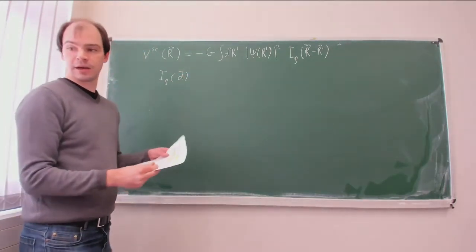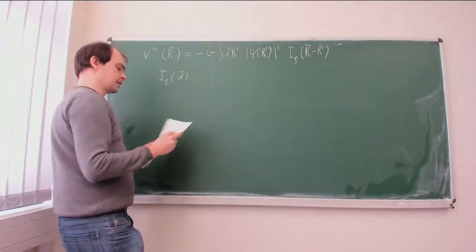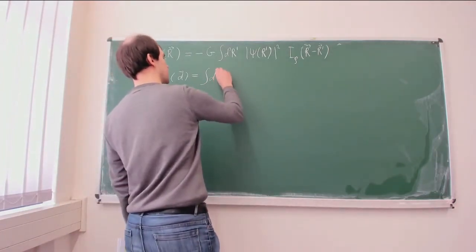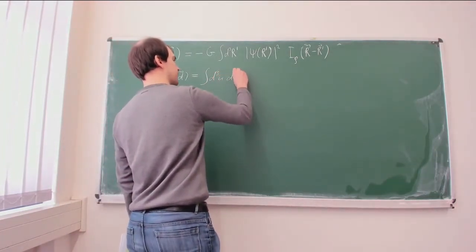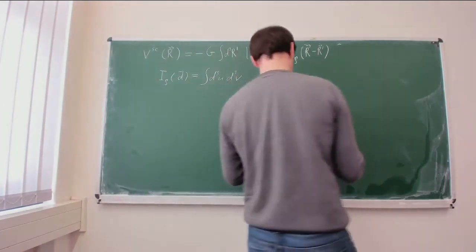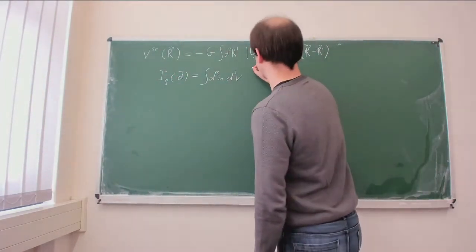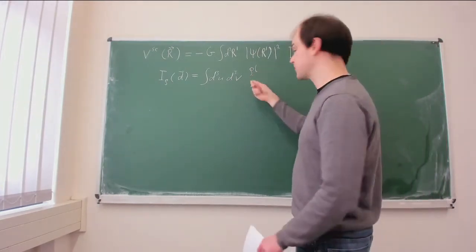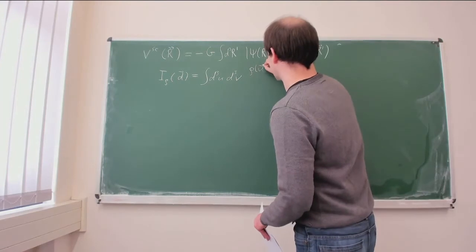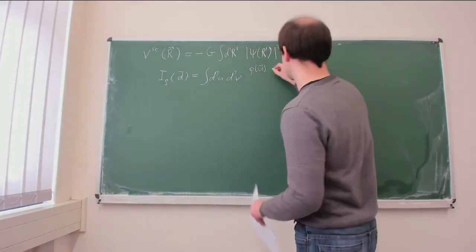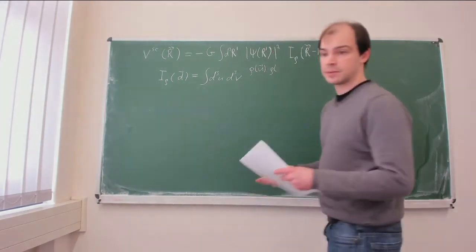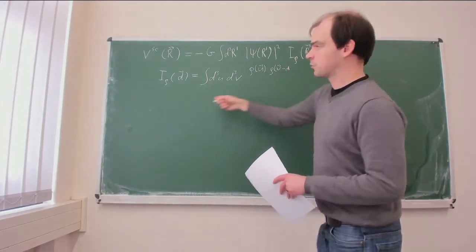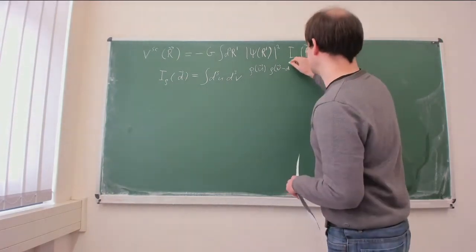First define it. So I_rho of d is a double integral, and now of the mass density. Remember the mass density that is given by the relative wave function, rho of u. And then we have the mass density again, but now shifted by this difference d.